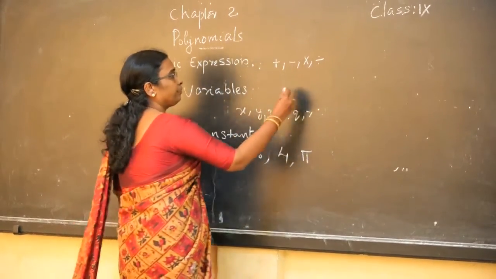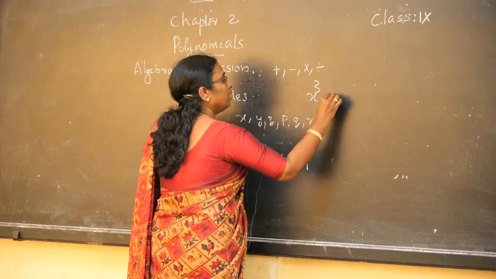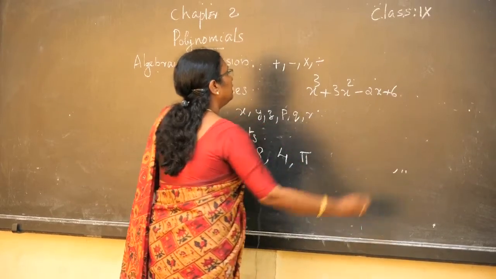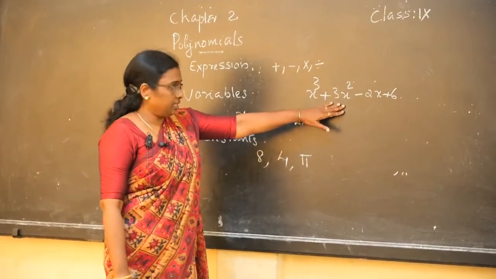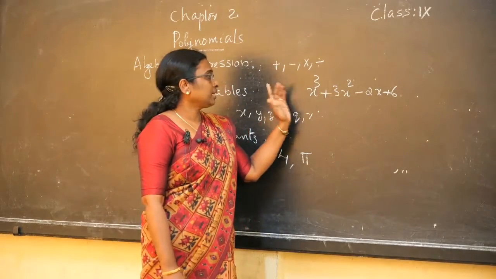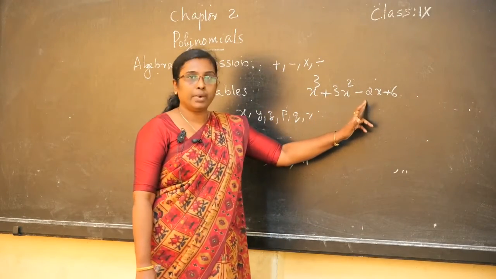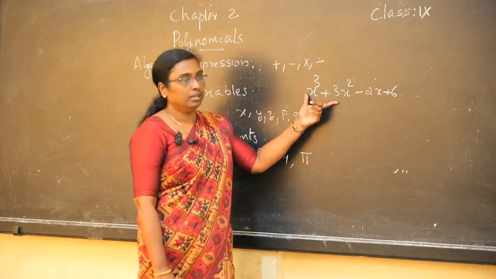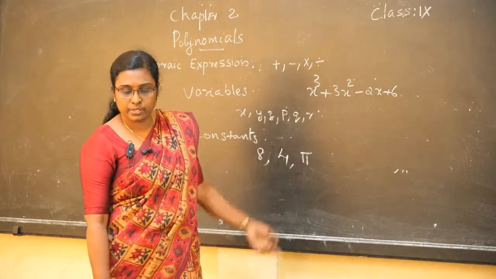For example, x cube plus 3x square minus 2x plus 6. This is an algebraic expression. This is a combination of constants and variables connected by plus and minus. 3x square means 3 into x square.